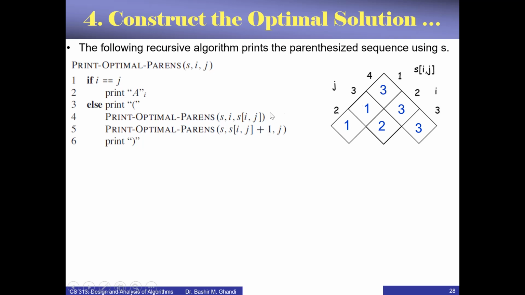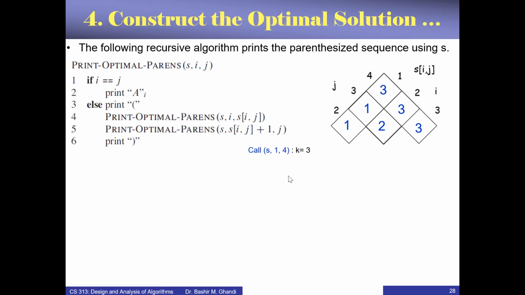Then another recursive call is from k plus 1 until j. Before the recursive calls, of course, we always print the opening bracket and closing bracket. Tracing the recursive tree of this algorithm will tell us where to put the parentheses.